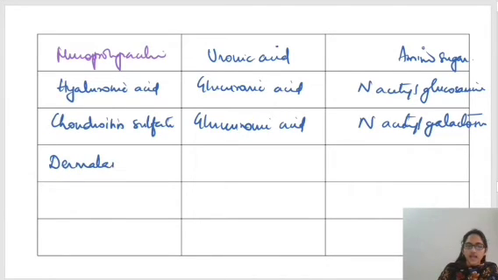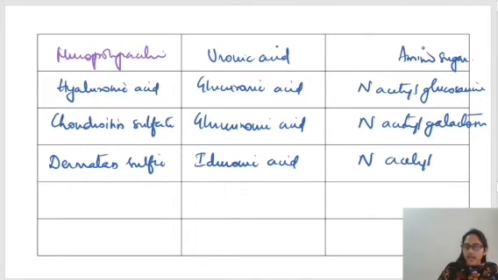Next, dermatan sulfate. Dermatan sulfate has what uronic acid? It has iduronic acid. And amino sugar is N-acetyl galactosamine. And keratin sulfate, or let's first finish off heparin sulfate here.